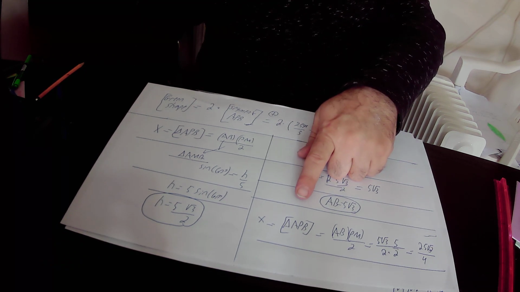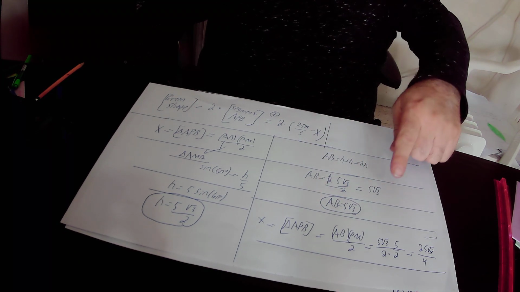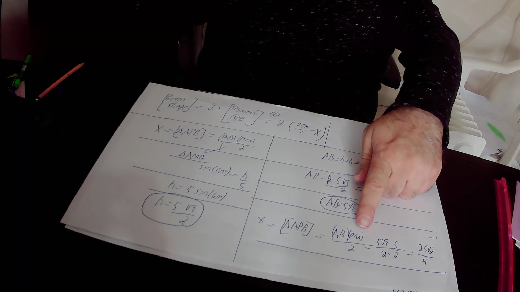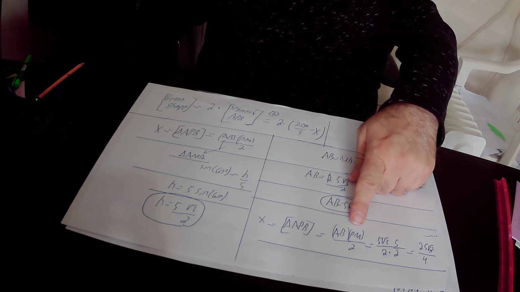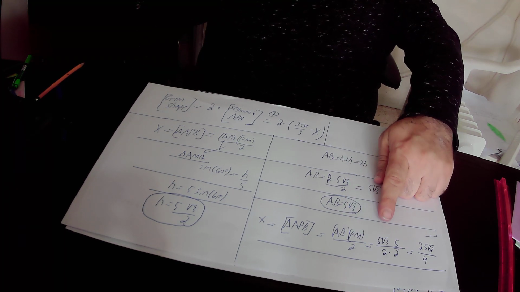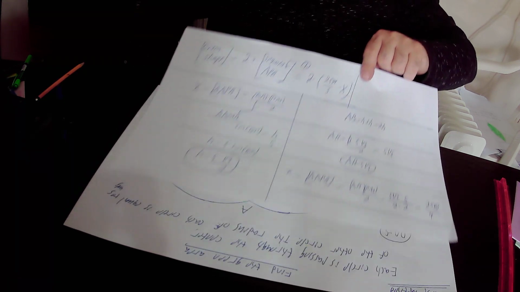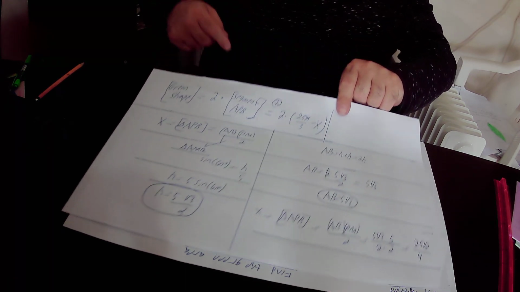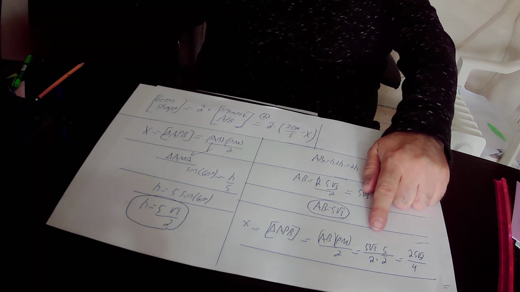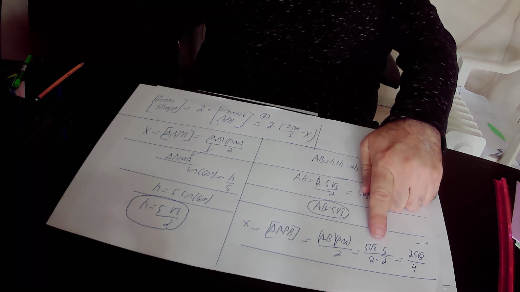Therefore, x, which equals the area of triangle APB, equals AB times PM over 2, that is the base times the height over 2. Here AB equals 5 times square root of 3, and PM is equal to 5 over 2. So it is 5 times square root of 3 times 5 over 2, all divided by 2.